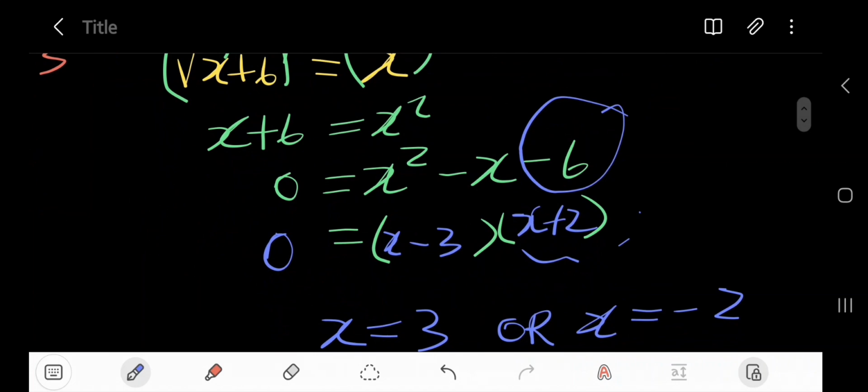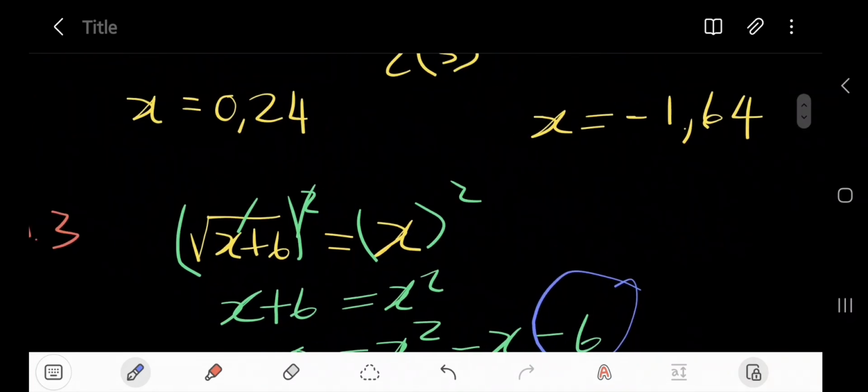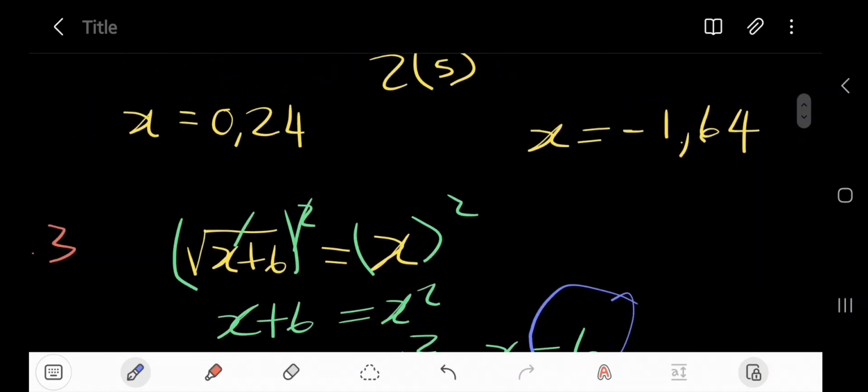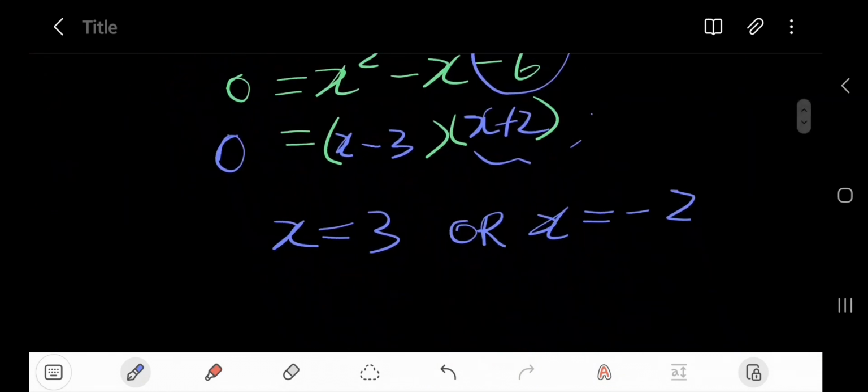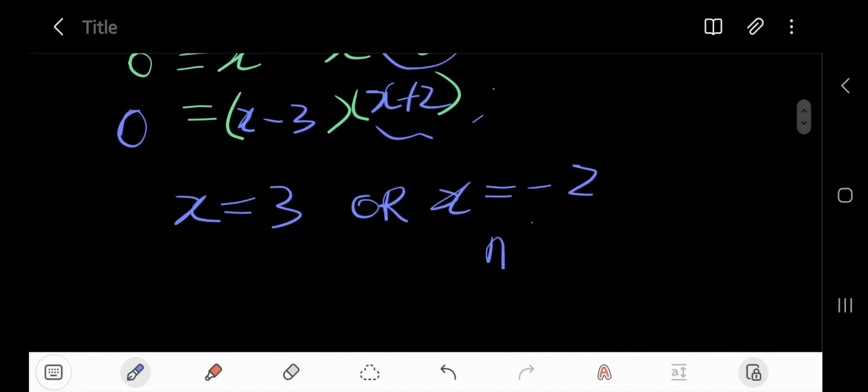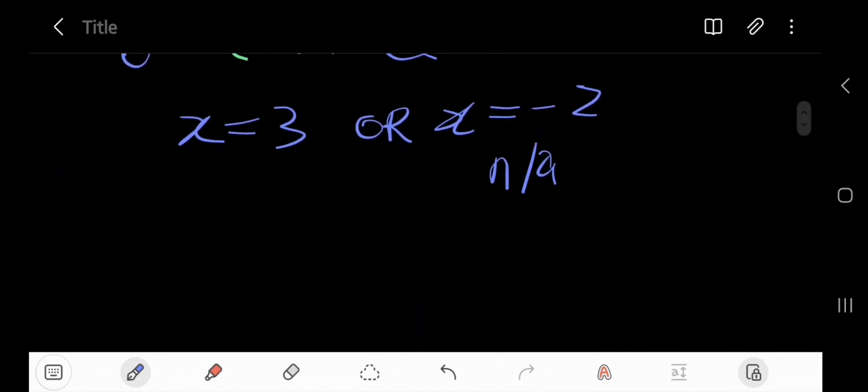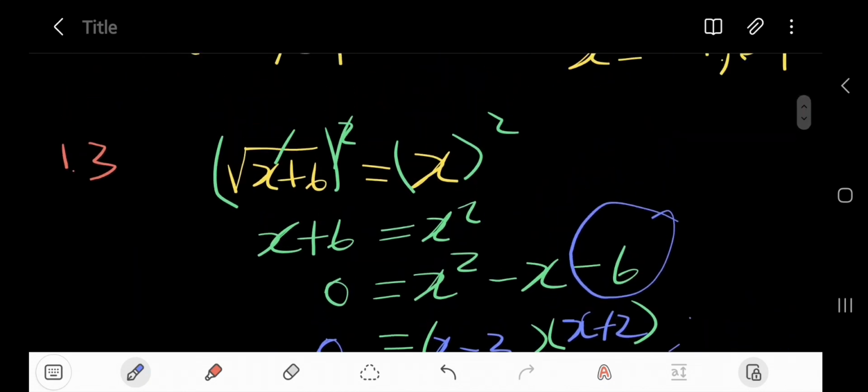Now let's try replacing negative 2. If we replace negative 2 where x is, we have the root of negative 2 plus 6, which is the root of 4, which gives us 2. But if we put negative 2 where x is on the right side, it does not match, which means the left hand side is not equal to the right hand side when x is equal to negative 2, so this is non-applicable.